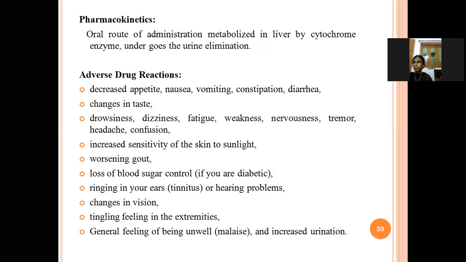It means in diabetic patients, if they use this drug, their blood sugar will not be controlled. Ringing in the ears, which means tinnitus, and hearing problems, loss of vision, extreme feelings, a general feeling of being unwell, and increased urination.